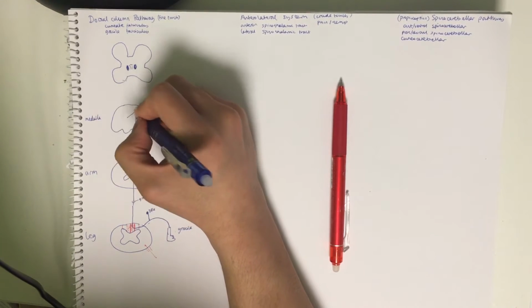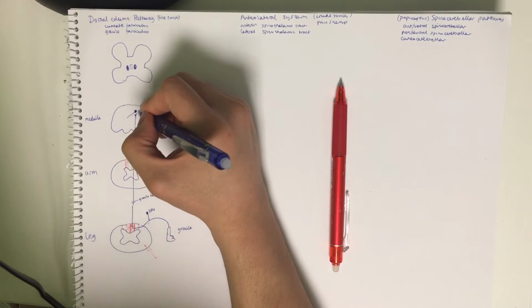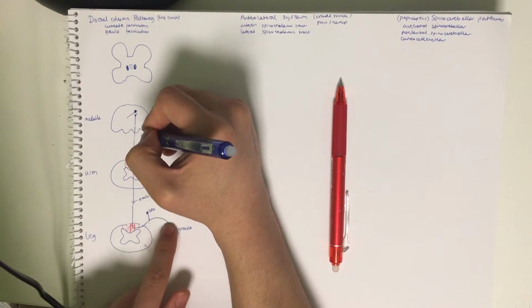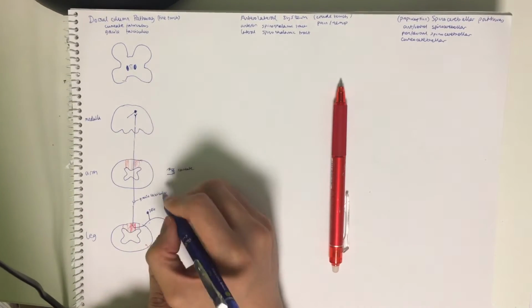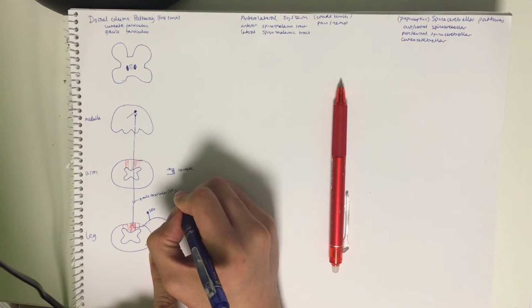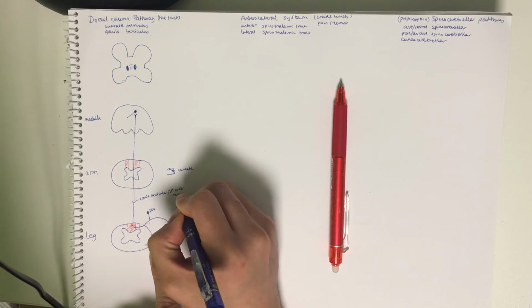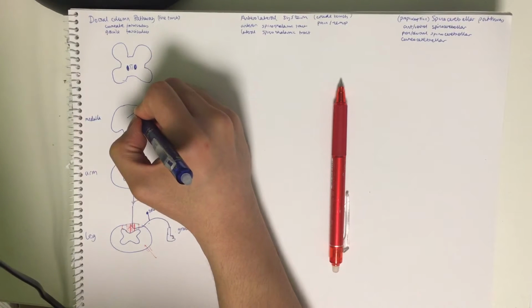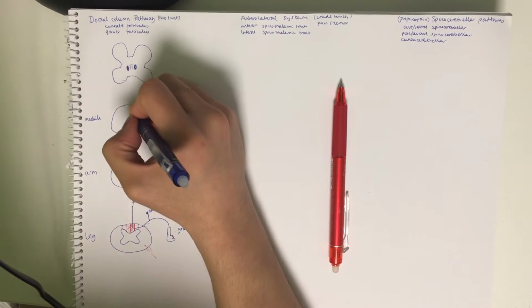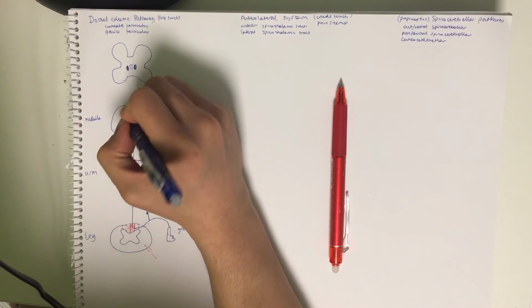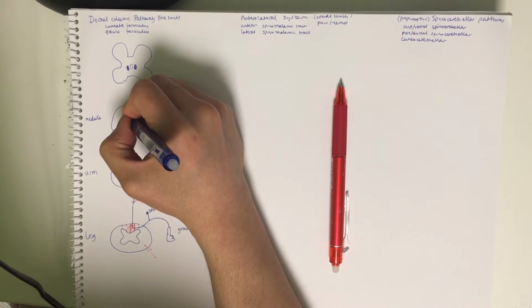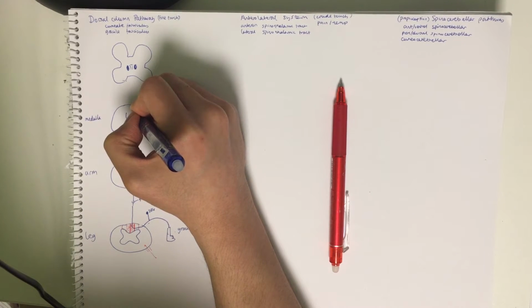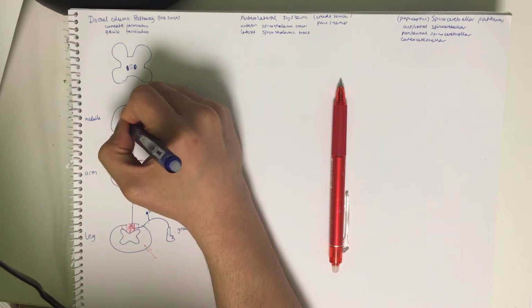At the level of the medulla, it will synapse. So now, this is one neuron. This is called the first order neuron. And once it synapses, it now becomes the second order neuron, or you can think of it as a second neuron. So if this is the midline, it crosses over to the other side.